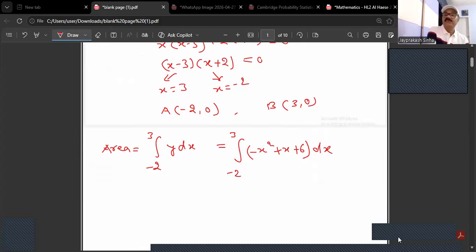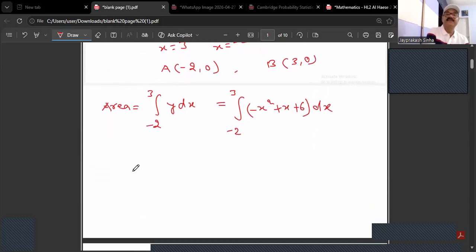Okay, so after integration, what we are going to get? The integration of minus x square will be minus x cube upon 3. The integration of x will be x square by 2. The integration of 6 will be 6x. We are applying the power formula, that's all.